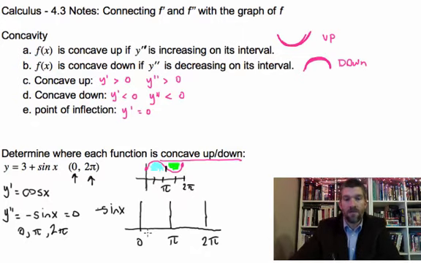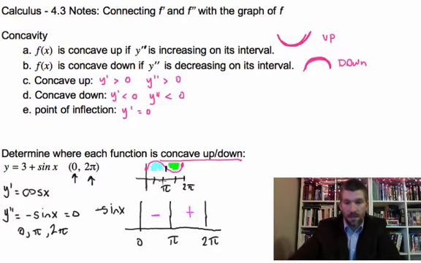If I go from 0 to pi, my value is going to be negative, because it's a negative in the front. And when I go from pi around to 2 pi, it is going to be positive.